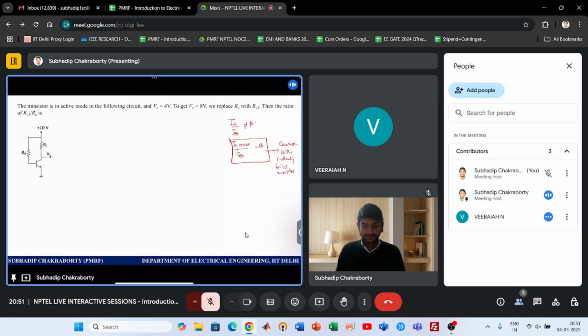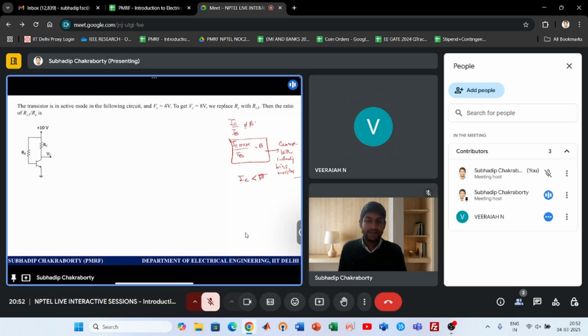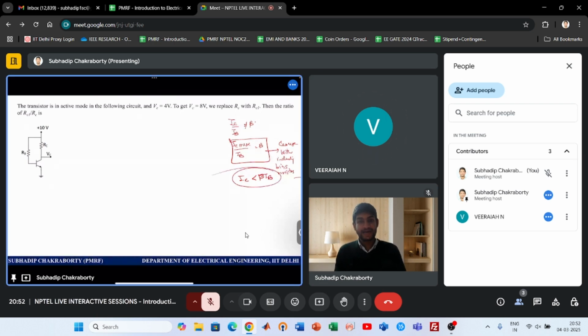Otherwise, the network equation is not correct. So that means IC should be less than beta IB. IC max is beta IB, but how much it actually is, is decided by the network. Hope you get me, right? There is not a direct relationship. Don't just blindly use it.